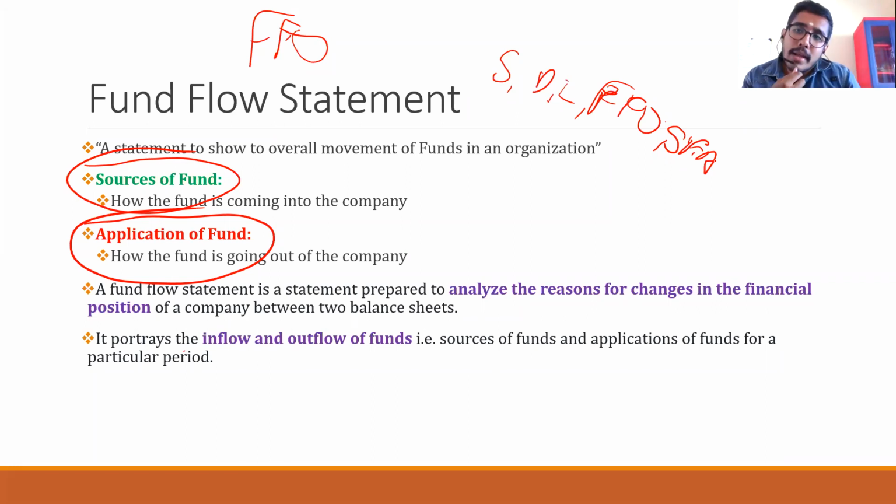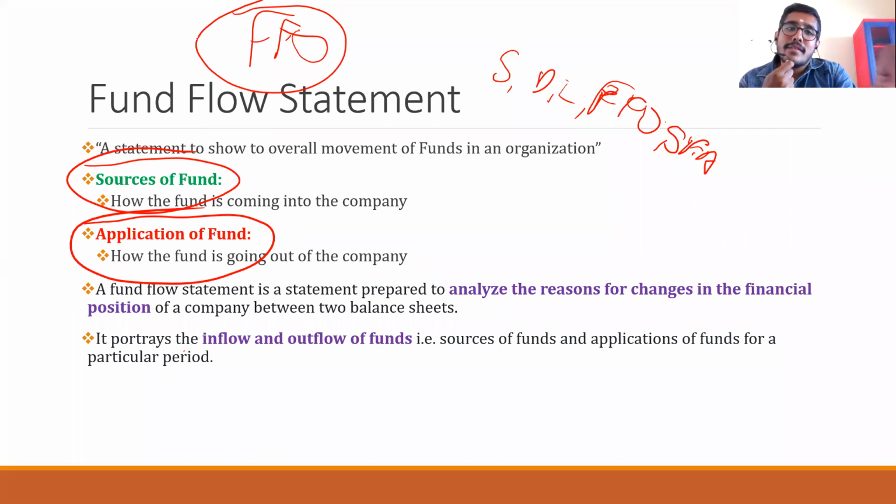Now come to application of fund. The cash is going out from our business. What may be the reasons? Expenses, liabilities, depreciation. Depreciation we are not recording here. Where are we recording the depreciation? In the balance sheet.